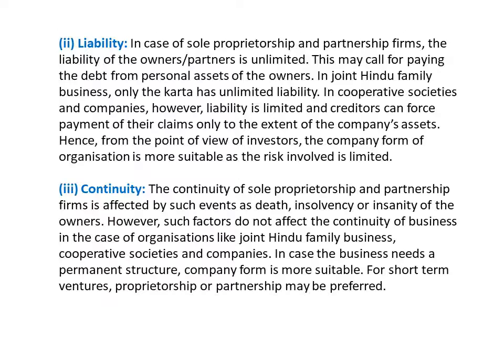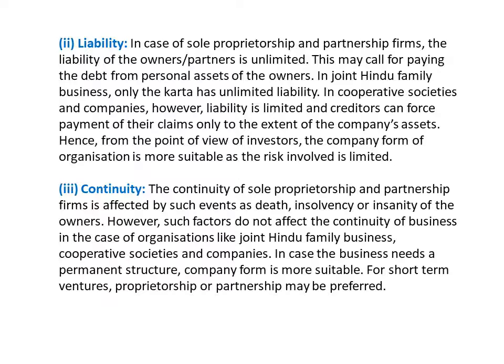The next one is continuity. As you know, there is no continuity in the case of a sole proprietorship or partnership, because any death or insolvency can affect the existence of the business. Likewise, in the case of a joint Hindu family business, if it fulfills certain conditions like three successive generations continuing the business, then the family business can go on.